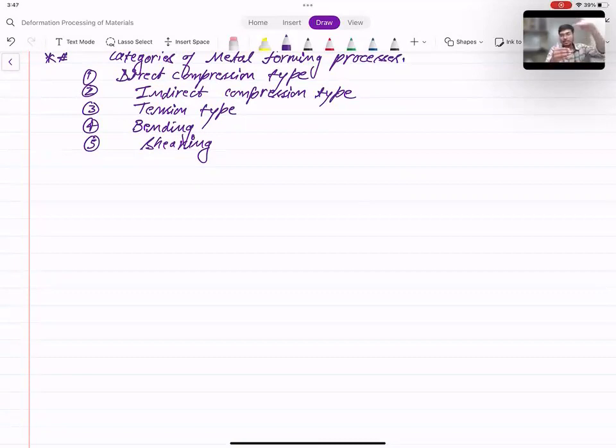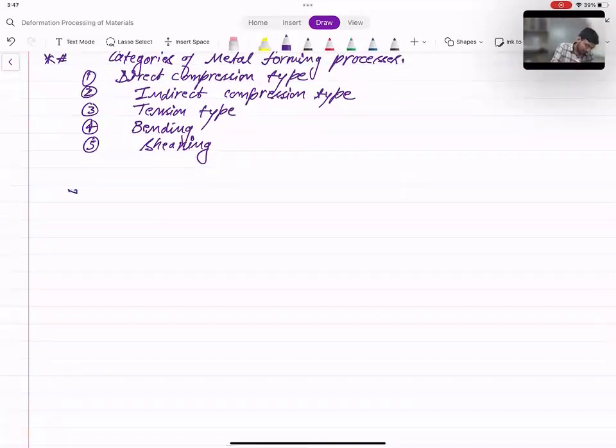Suppose stress is applied from the top, then the metal will flow in the lateral direction, means this perpendicular direction. So this type of operations will involve metal forming process like forging. Okay, so forging, we will see many of these processes in detail.